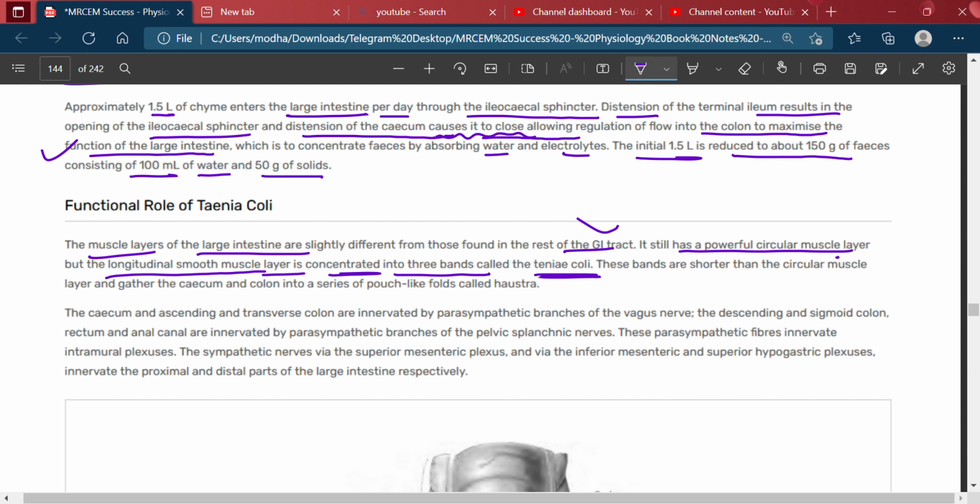It still has a powerful circular muscle layer, but the longitudinal muscle layer is concentrated into three bands called the taenia coli. These bands are shorter than the circular muscle layer, and gather the cecum and colon into a series of pouch-like folds called the haustra.